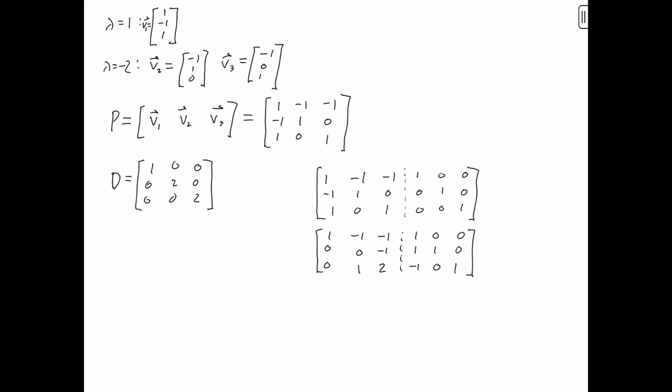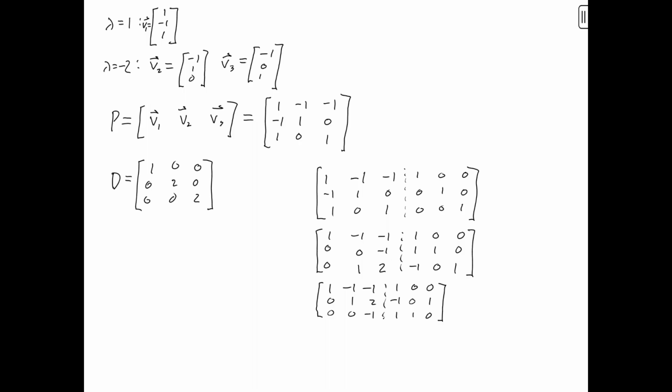Now I'm going to flip the second and third rows to get 1, -1, -1, 1, 0, 0; 0, 1, 2, -1, 0, 1; 0, 0, -1, 1, 1, 0.